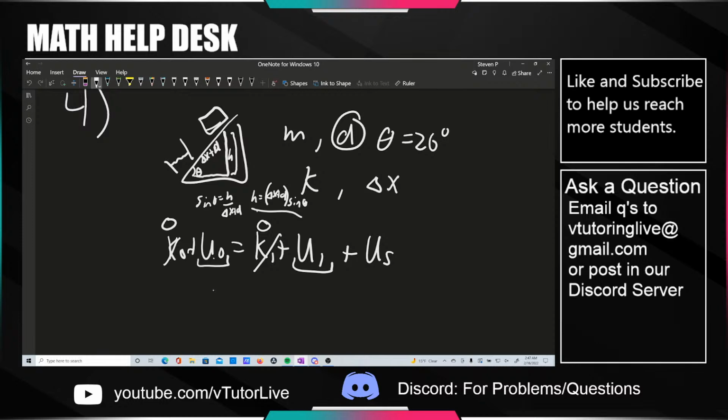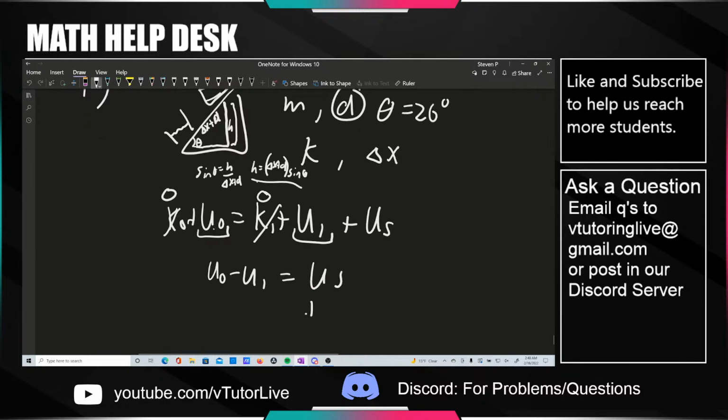So what does this look like? This looks like U0 minus U1 is equal to Us, 1/2 k delta x squared, is equal to m times g times h, which we found over here.